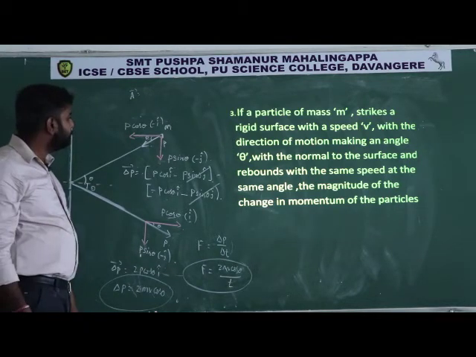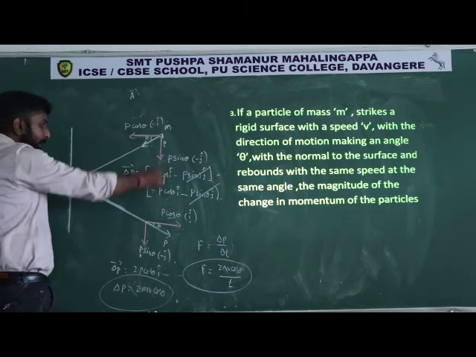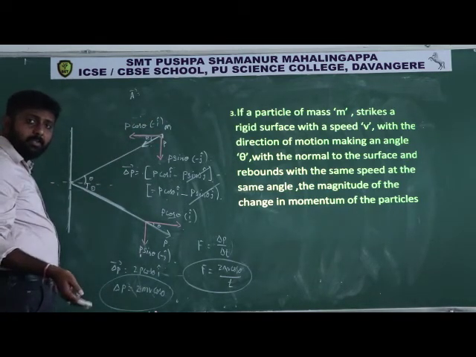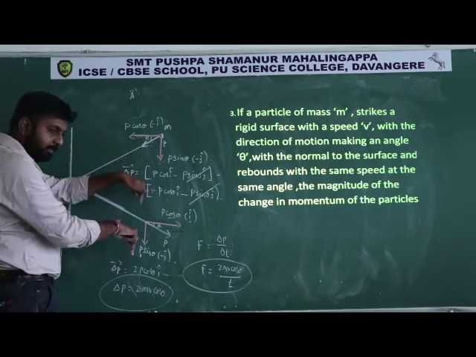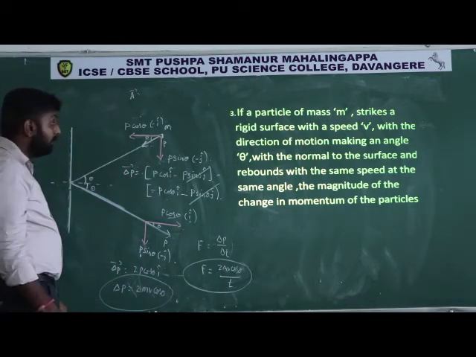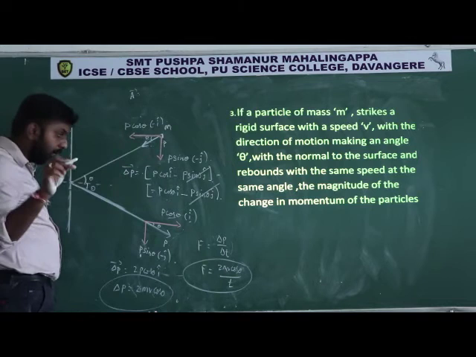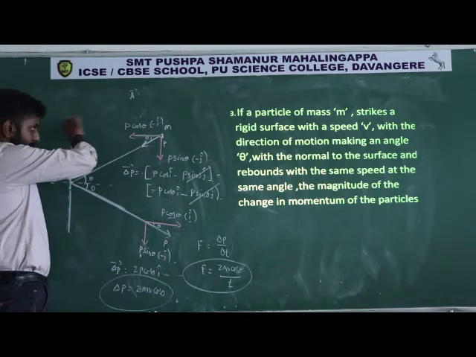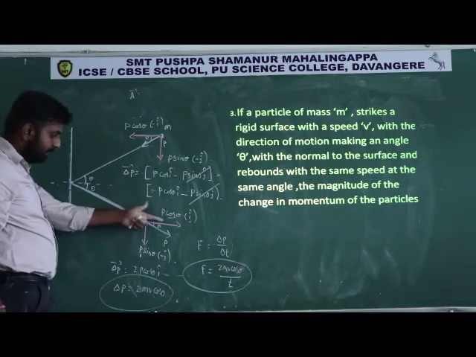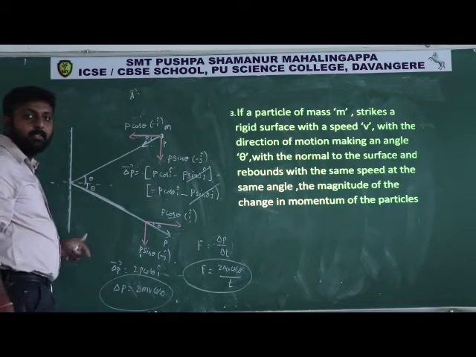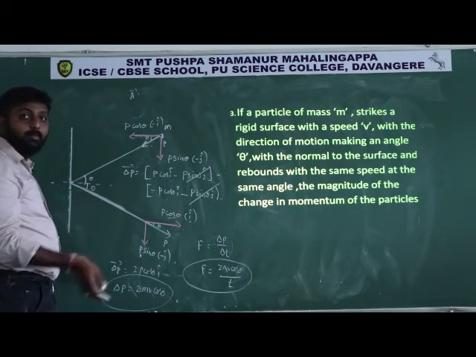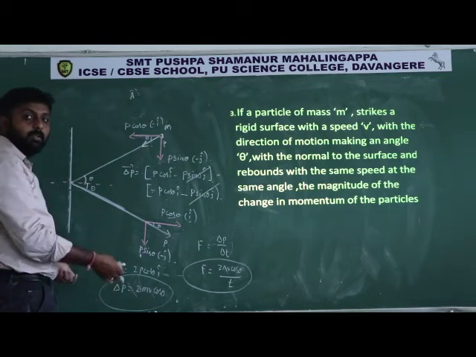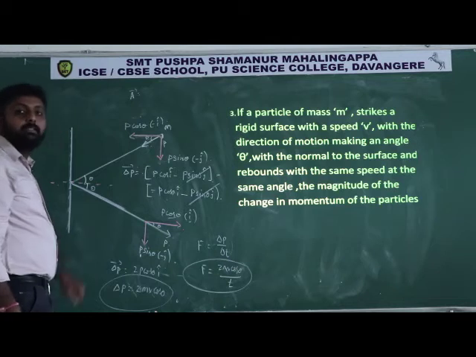That means in this direction the momentum is not changing, both vectors are in the same direction. But if you observe the horizontal component, initially it is in the negative direction, and here it is in the positive direction. So there is change in momentum. Vector quantity means if direction changes, the momentum also changes.